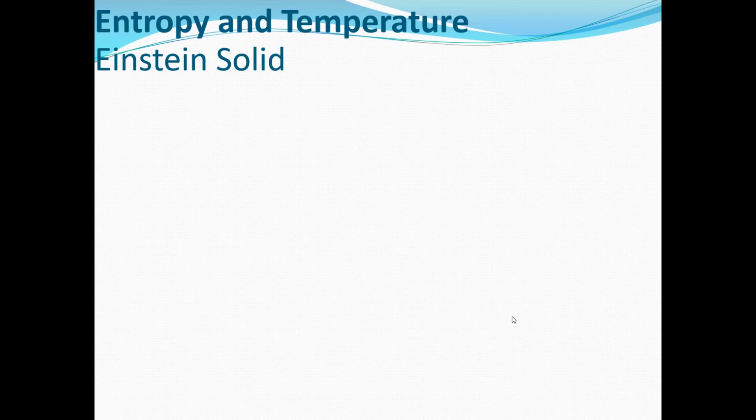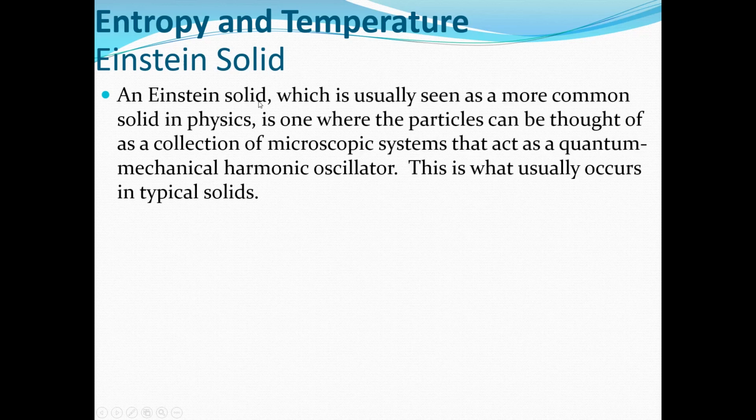So this is a perfect example of what you would have to do, kind of repeating everything we did before, but with a slightly different scenario. So an Einstein solid is a very common setup. This is done more with solids in physics.